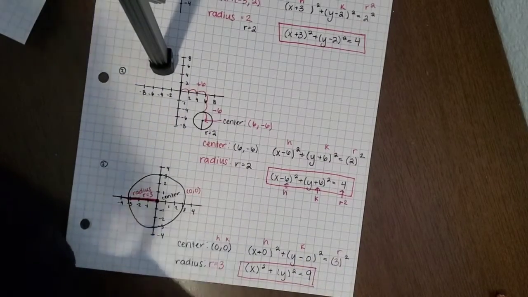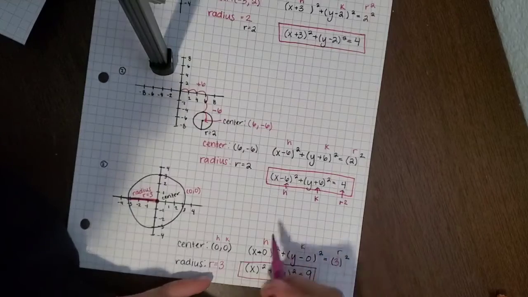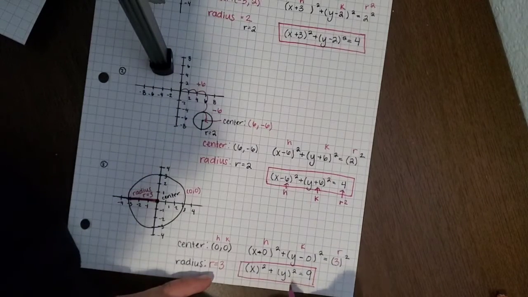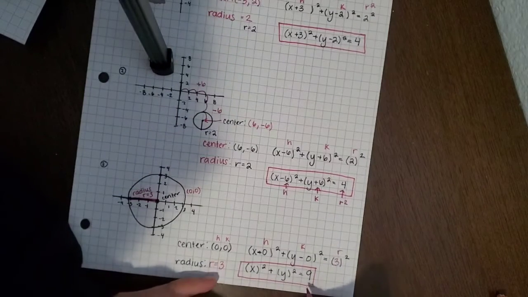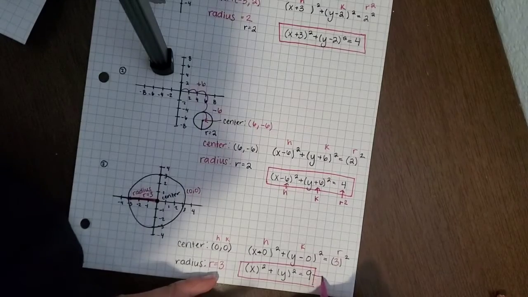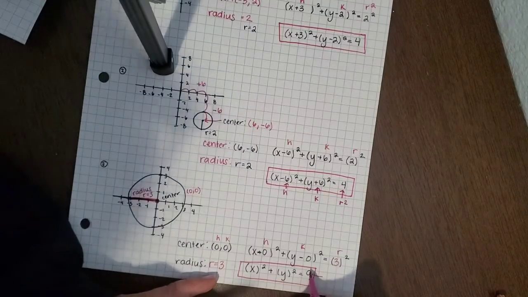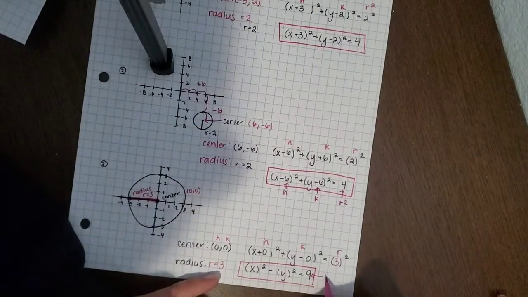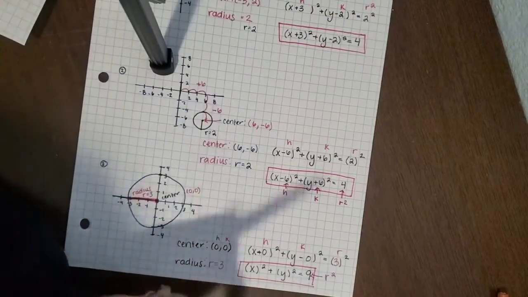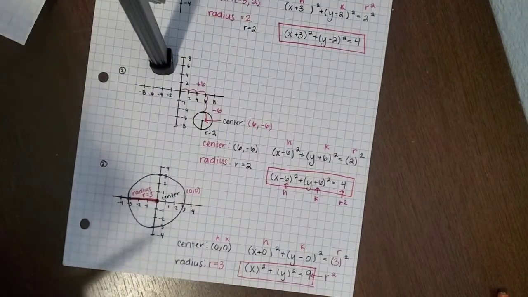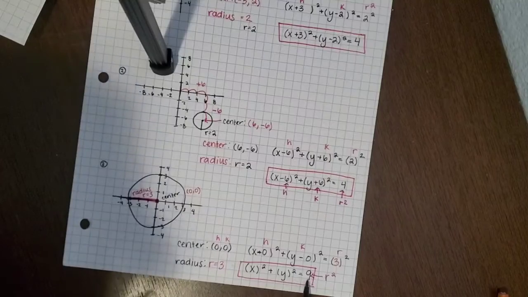I have my value of my h, which is somewhere right here. My k is right here, which is the 0. And then I want you guys to always remember that if this isn't squared, then this is the value r squared. And that is how you find the equation of the circle from a graph.